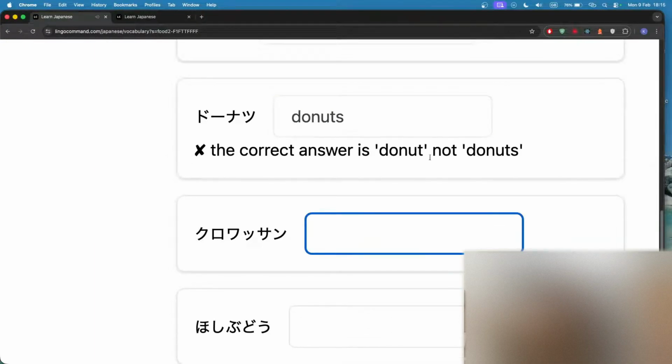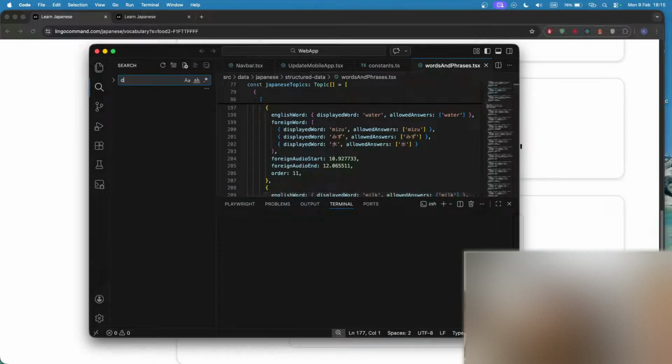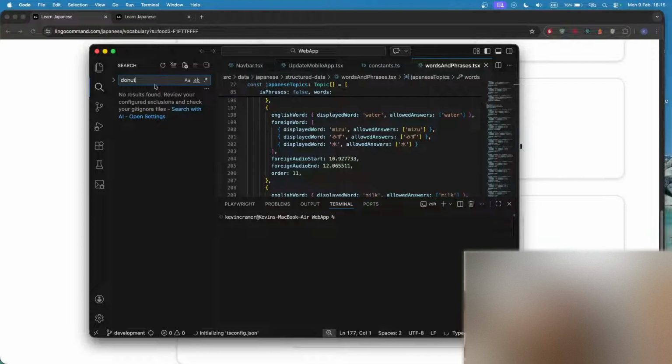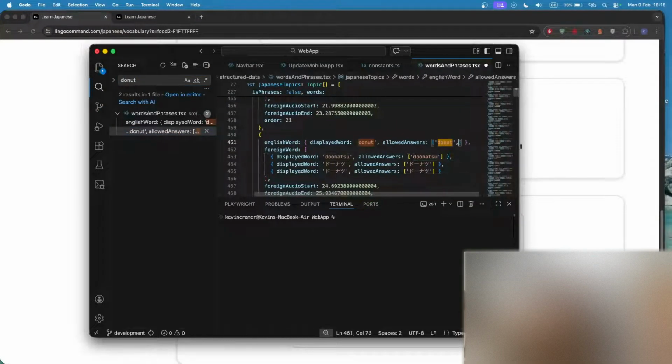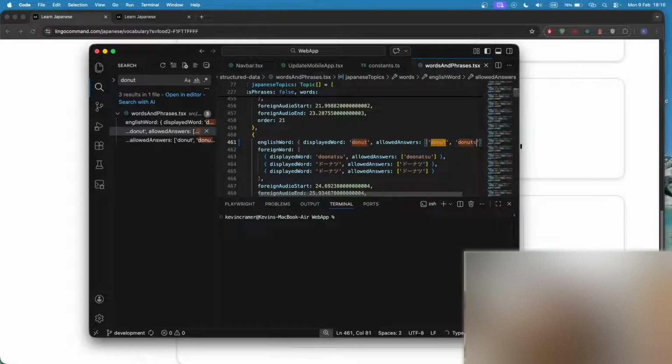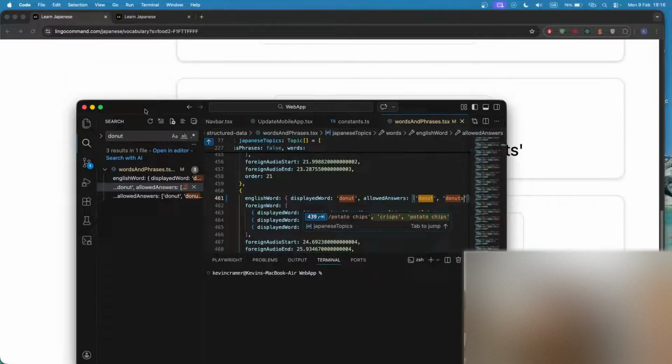That should actually be considered acceptable. So let's make a quick code change. Donuts. Because in Japanese, whether it's singular or plural, you'd use the same word. So here we have donut, and we should make donuts an acceptable answer also. I won't push this now, just so that, well, actually I will.